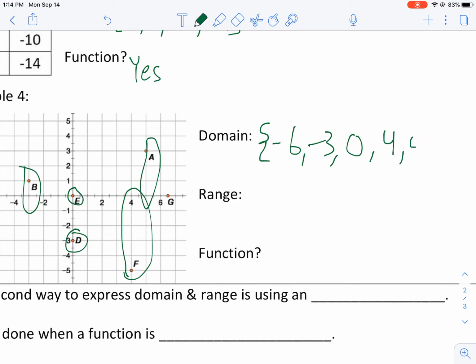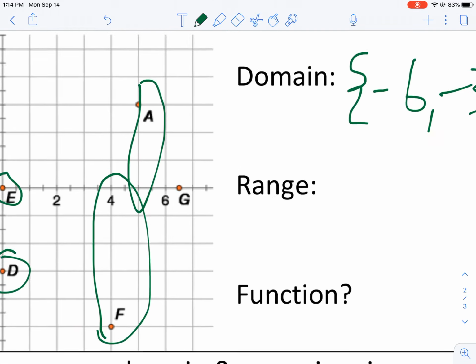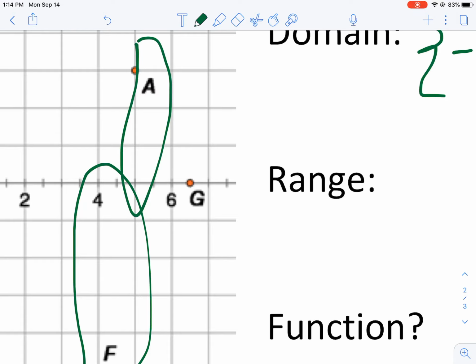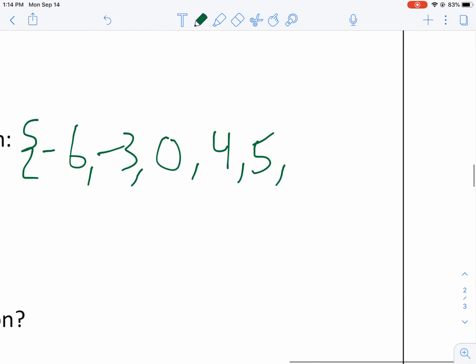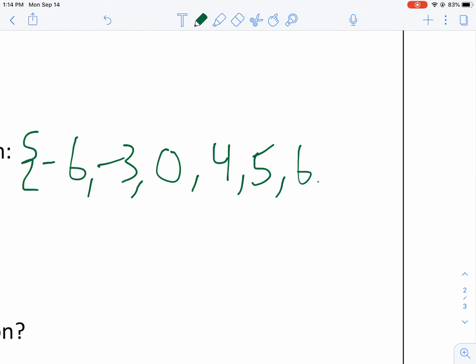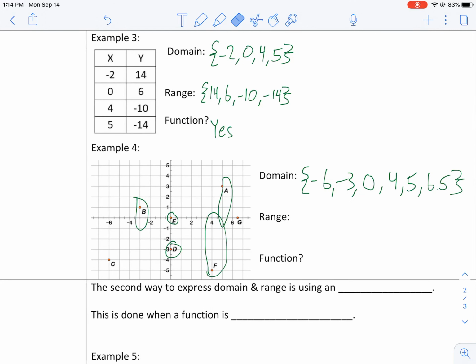A's x value is 5. And then G's x value, it looks like this is actually in between. So that looks like it's about 6.5. Interesting. So those are all the x values that we have.